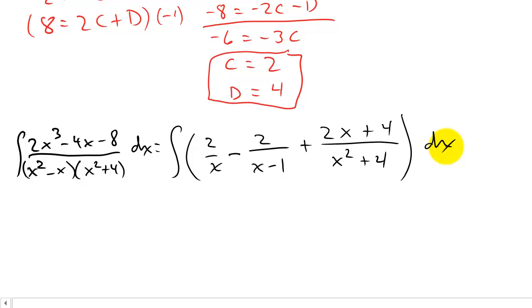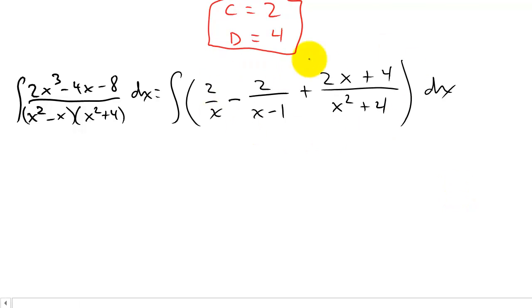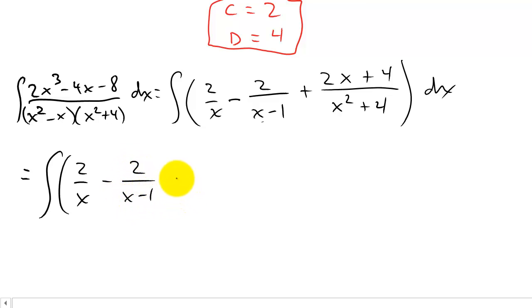Alright, so now I have to integrate this. So this one and this one's easy. These are just going to be natural logs. But let's take a look at this one. Well, I don't really have a property for that. So what I'm going to do is I'm going to rewrite it and split this up.